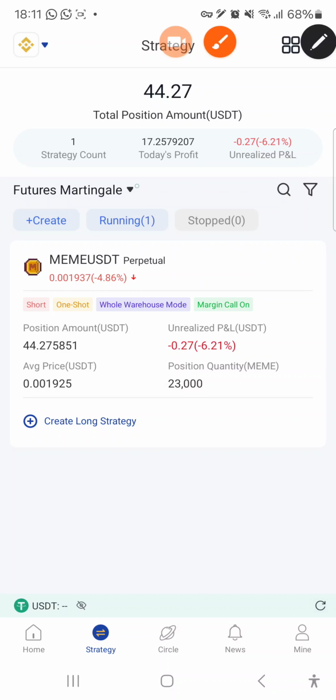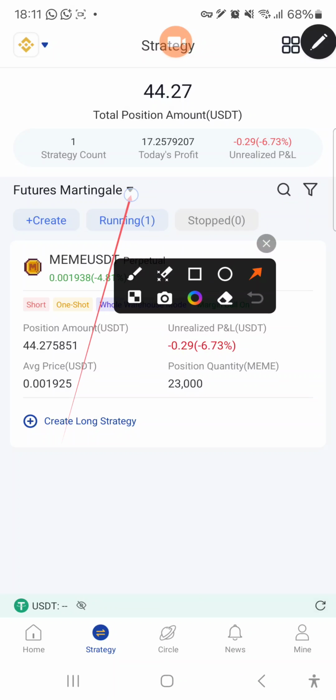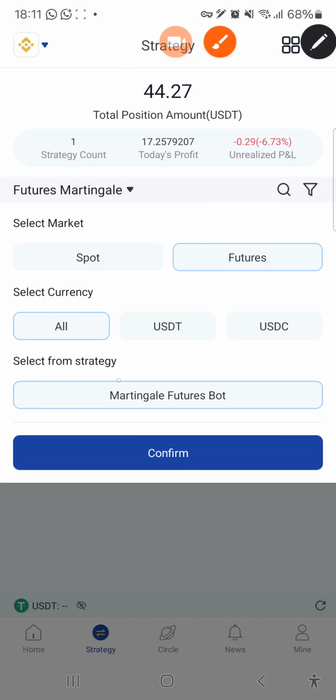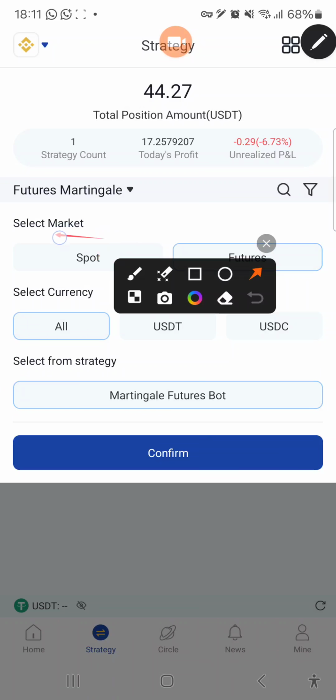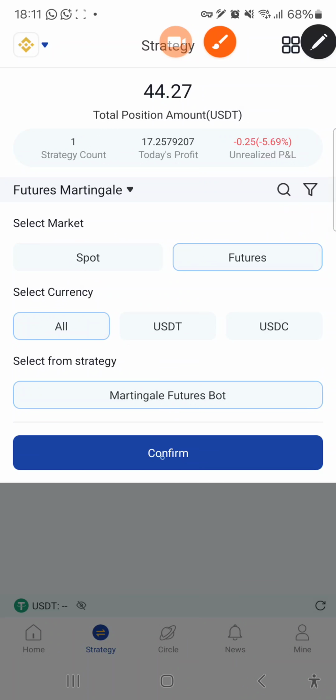Now, for most of you, you're already trading the spot. You open here, you'll have the spot here. Now, my emphasis is on the futures. Make sure your account is aligned with the futures martingale.